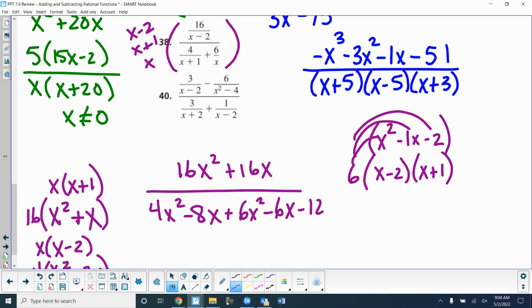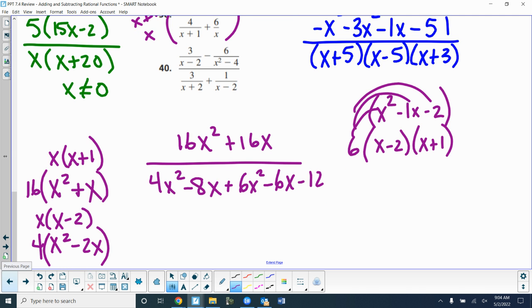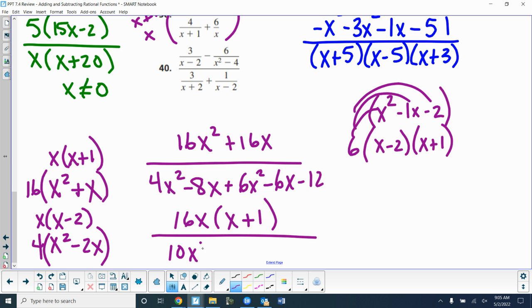Okay? So, combining like terms, now, on this fraction, let's just factor that for now. 16x can come out, and we get x plus 1, right? And then let's look at the bottom. What's 4x squared and 6x squared? 10x squared.